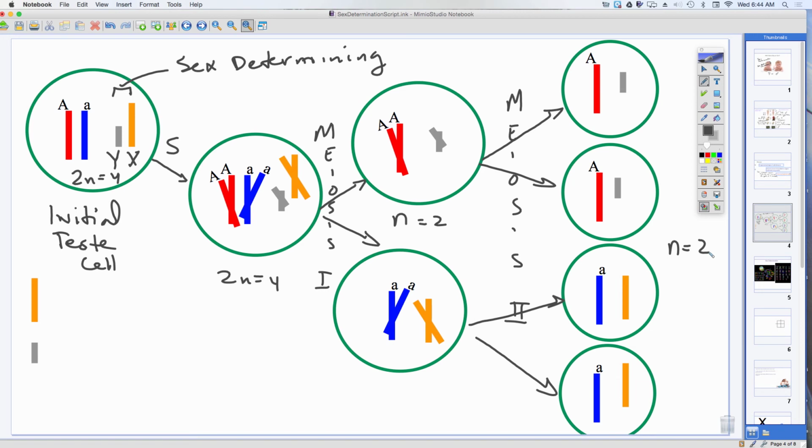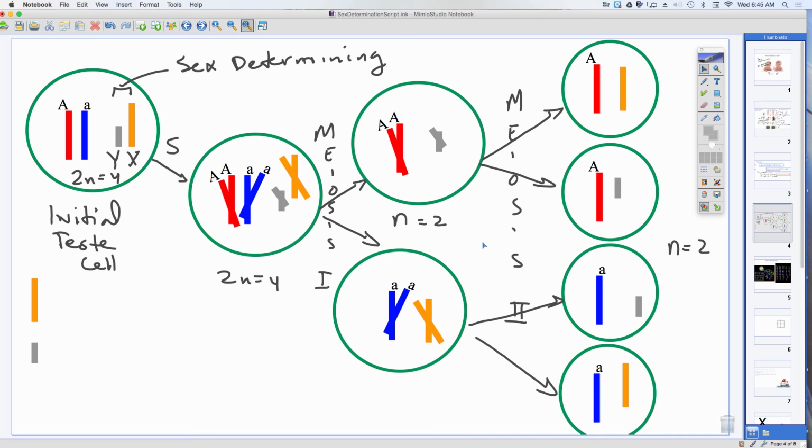And I'd like to point out that it is equally possible that we could have had a big A cell with an X chromosome or a big A allele with a Y chromosome.